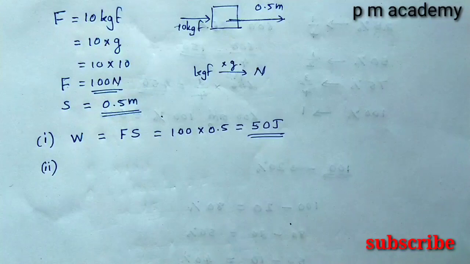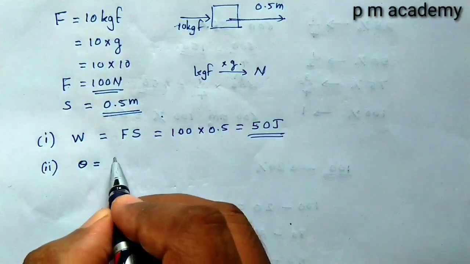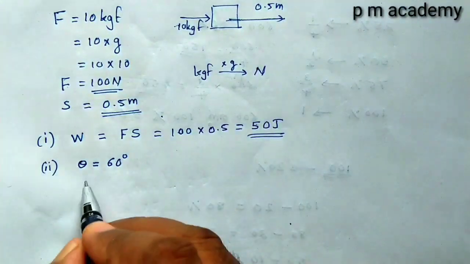Question number 2, if the force is acting at an angle of 60 degree, like the angle is 60 degree, that is theta, angle between force and displacement is 60 degree. Therefore, work done.